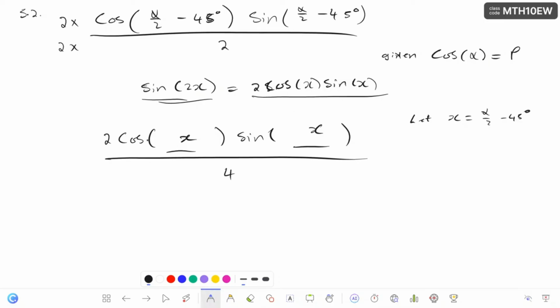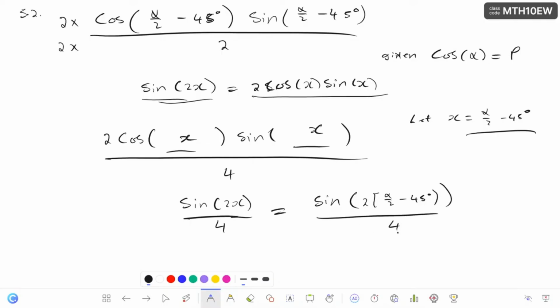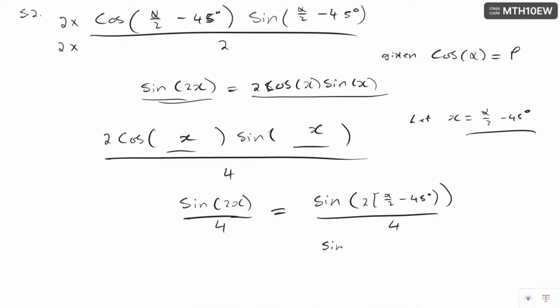You can see. So we can write this one as sine 2x over 4. But x is equal to this. So sine of 2 times (alpha over 2 minus 45 degrees) all over 4. So multiplying everything, we get our answer as sine of (alpha minus 90 degrees) all over 4.